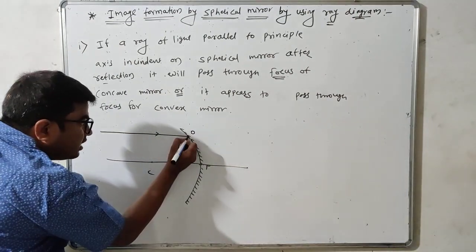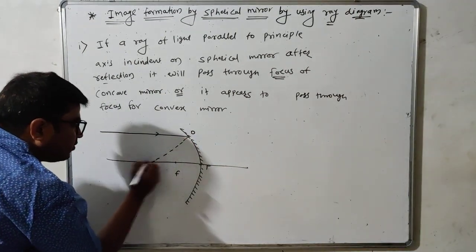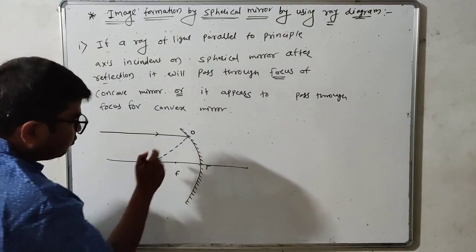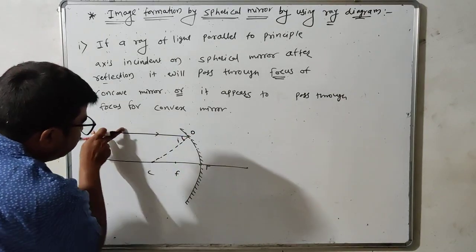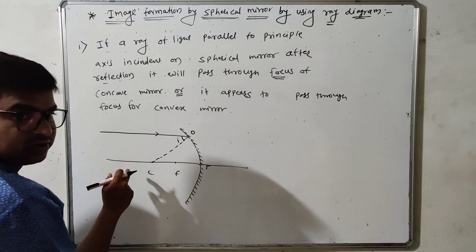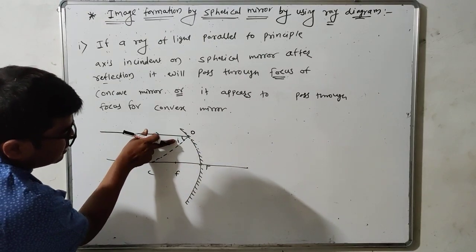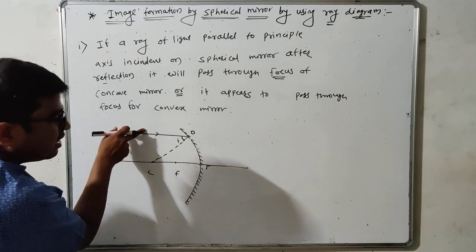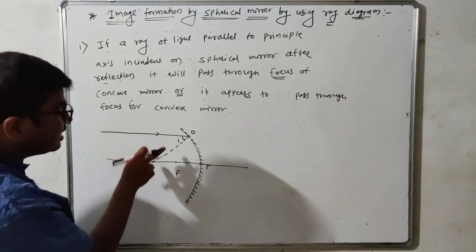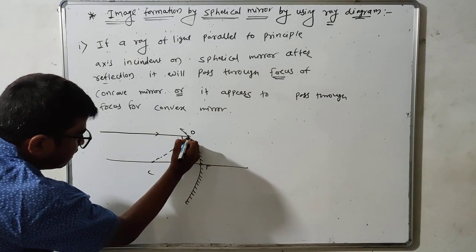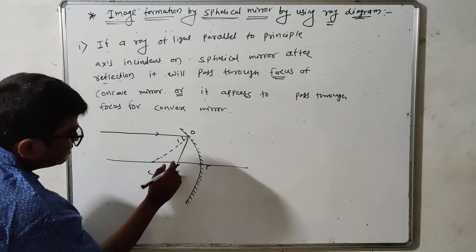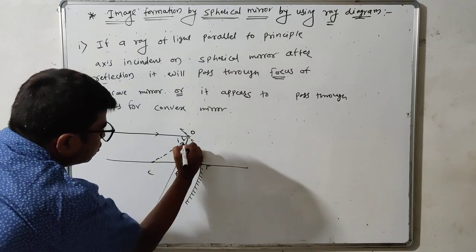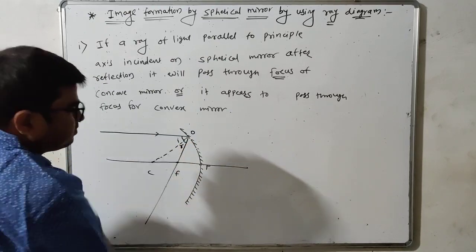Therefore we draw the normal at this point, and this normal is represented by this radius. This is the angle made by the incident ray, which is parallel to the principal axis, with the normal, and therefore it is the angle of incidence. Now this mirror will reflect this incident ray such that the angle of reflection will be the same as the angle of incidence, and therefore it will reflect this light like this, so that the angle made by the reflected ray with this normal is again r, and both are the same. Got it?